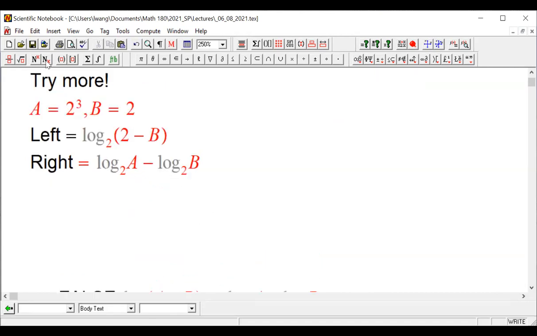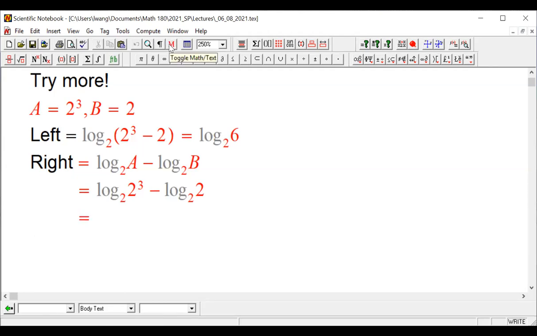So 2 to the power 3 minus 2: we get log base 2 of 8 minus 2, which is 6. Next one: log base 2 of 2 to the power 3 minus log base 2 of 2 equals 3 minus 1 equals 2.